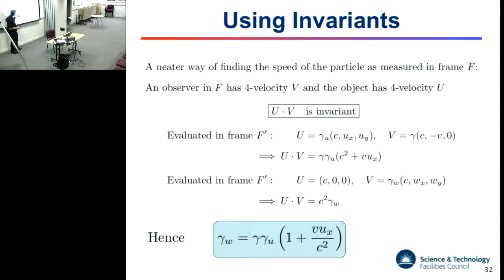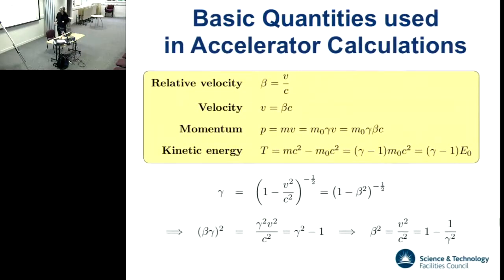And then I can work out what it is in the other frame. With just a little bit of maths, without having to work out what's relative to what and drawing pictures, you can get the answer quite quickly. So using these invariants really becomes a powerful technique.